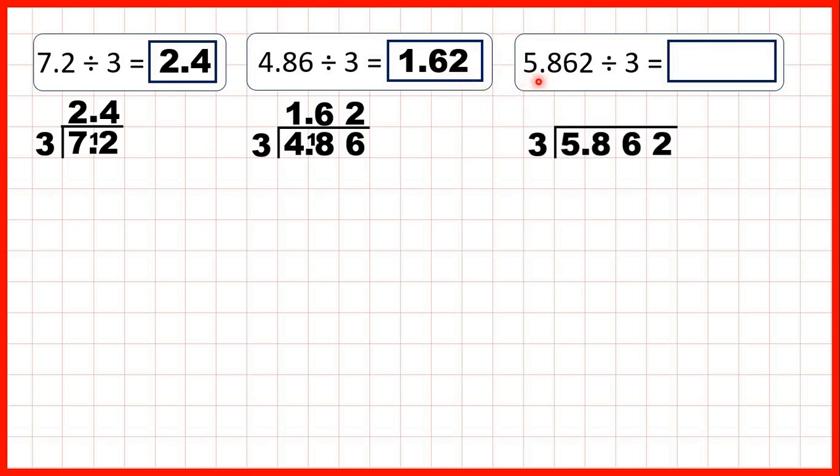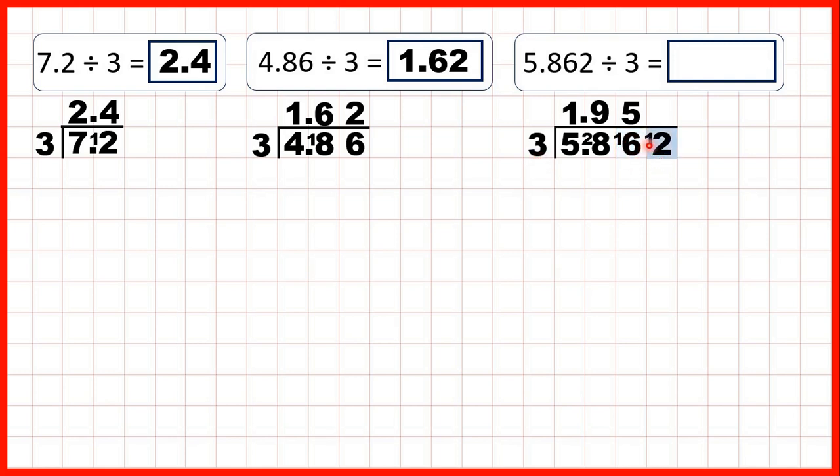Finally, we have 5.862 divided by 3. We copy up the decimal point so it's directly above, and now 5 divided by 3 is 1 remainder 2, because 1 times 3 is 3, and we need 2 more to get to 5. 28 divided by 3 is 9 remainder 1, because 9 times 3 is 27, and we need 1 more to get to 28. 16 divided by 3 is 5 remainder 1, because 5 times 3 is 15, and we need 1 more to get to 16.